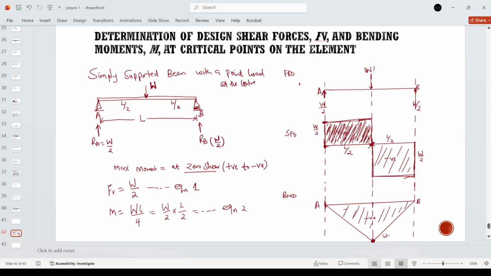At this point, the moment will be WL over 4. At any point that we've been asked to calculate the design moment M, you do not need to redraw the shear force and the bending moment diagrams. You just need to use the formula that we just derived.